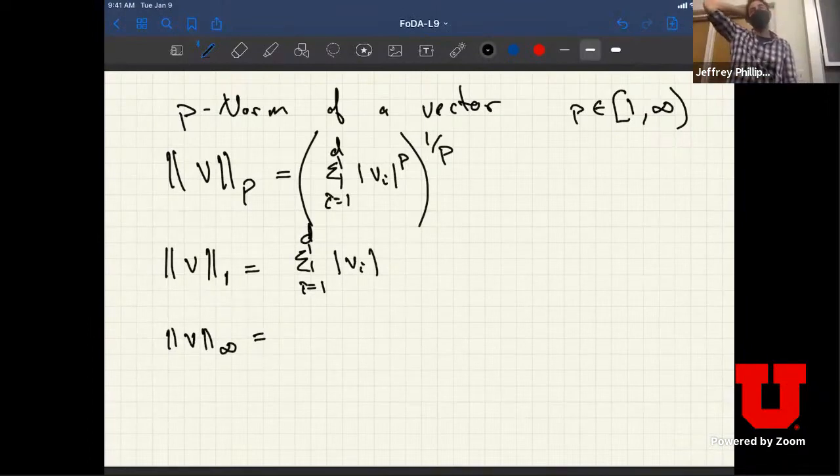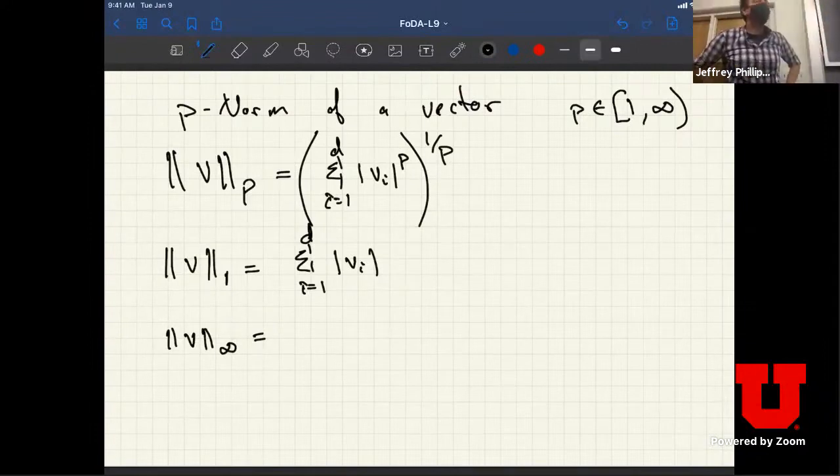Let's say I put P as 100. I'm going to take all the terms to the 100th power, but then take them to the 100th root. So kind of the coefficients cancel, that's good. It's in meters to the power 100, but then the 100th root of that, so it's back to meters again. So the units aren't affected.